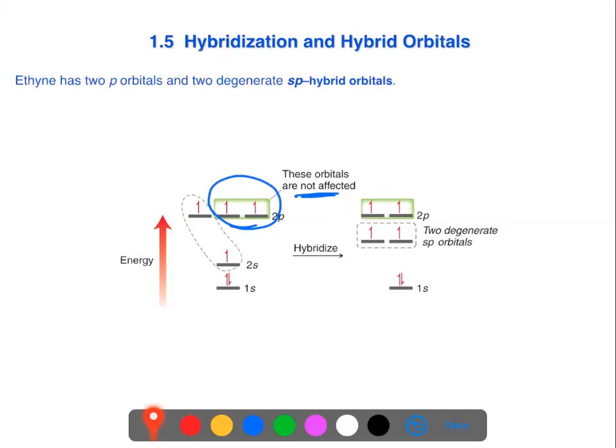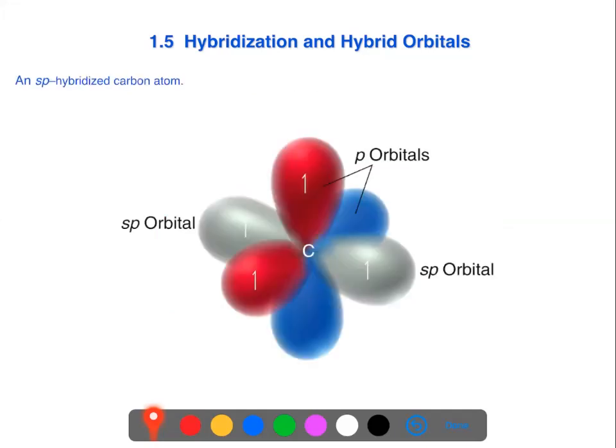So let's look at that. Here's a single carbon and the structure of the single carbon using this hybridized picture. We have our central carbon atom, and the orbitals associated with an sp hybridized carbon center are as follows. We have a single p orbital shown by this red and blue double lobe p orbital.